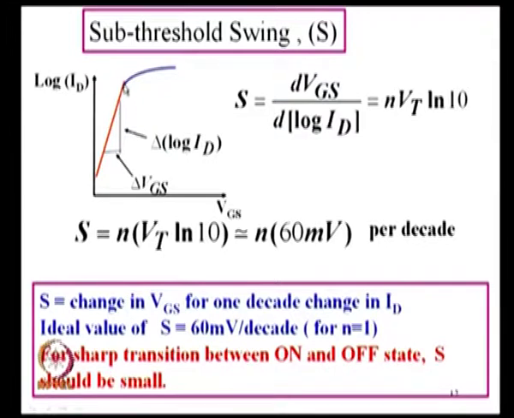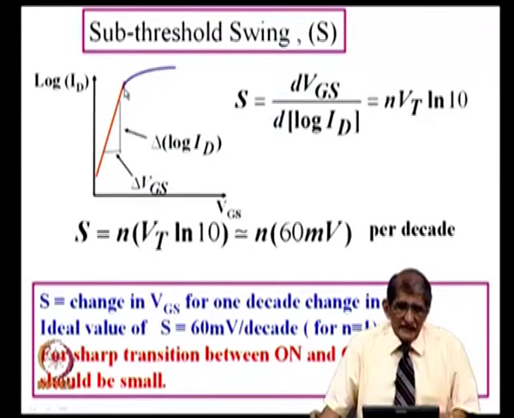For example, if the threshold voltage is 300 millivolts and, let us say, the current is 1 microampere, I am just taking this as an example. The current there is not 0, it is finite, there is a catch here. At threshold voltage, let us say 1 microampere current was flowing. If n is equal to 1, how many decades must the current come down?